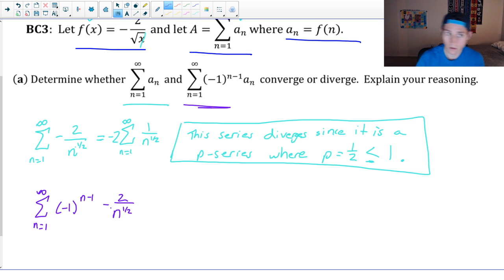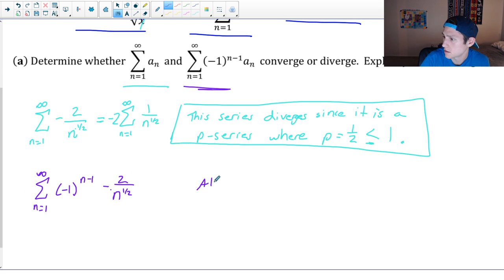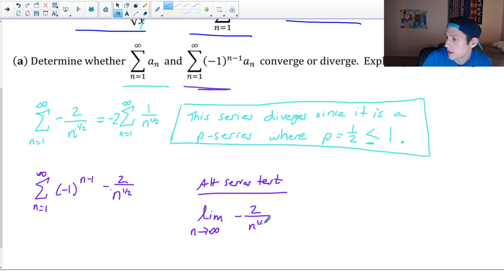So let's go through and do our alternating series test. The first thing to look at is the limit as n goes to infinity of negative 2 over n to the 1/2.